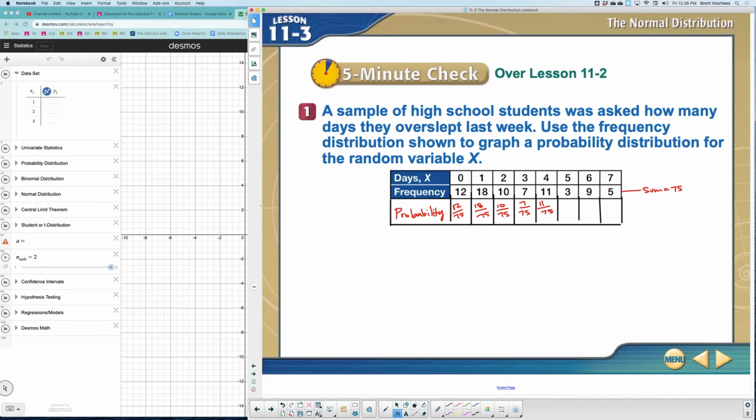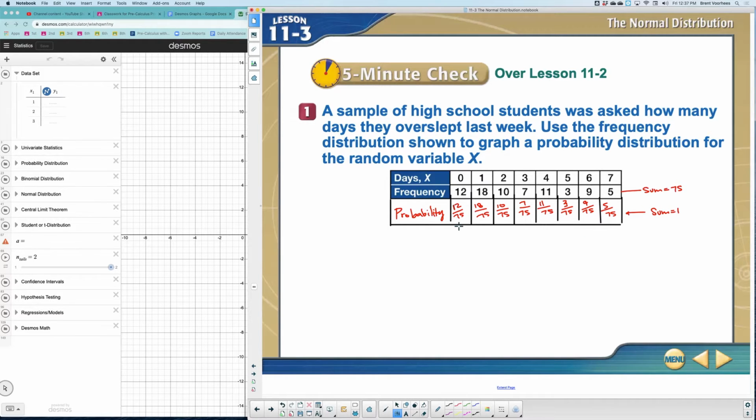That would be 58. This would give us 61 again. If you were calculating the sum, 9 gives us 70, and 5 more gives us 75. Okay, so if we've done this right, the sum of the probabilities should equal 1.